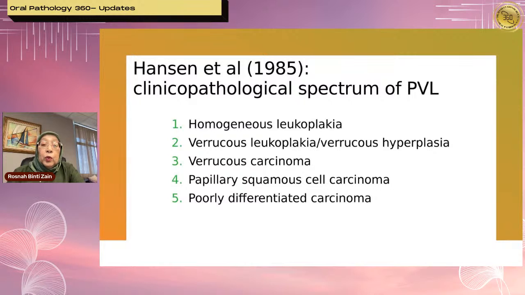However, all of it is a clinical provisional diagnosis and would need the histological diagnosis to get the final diagnosis. So that's why it is a clinical pathological spectrum. It is actually a combination of clinical description as well as a pathological description. Next.